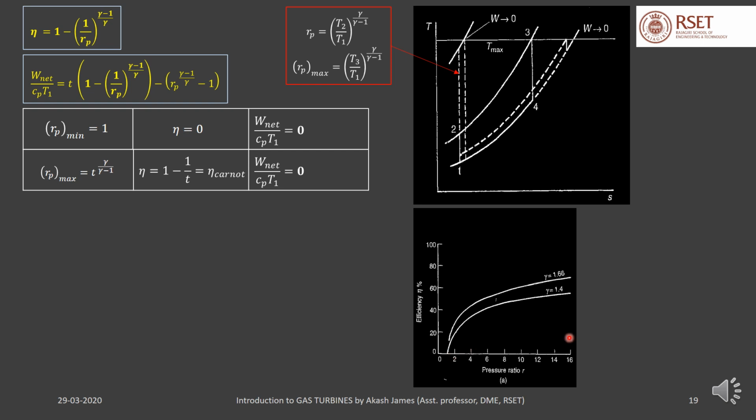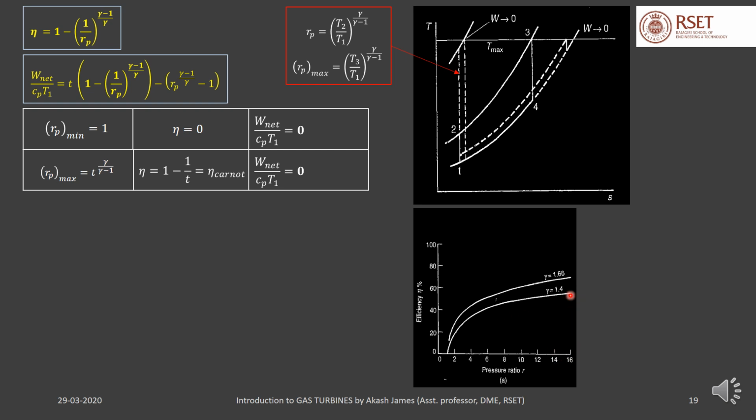And what are the limiting cases? We have just seen there is a minimum pressure ratio and a maximum pressure ratio. The minimum pressure ratio is 1, and when the pressure ratio is 1, no matter what the value of gamma, the efficiency will become 0. And there is a maximum pressure ratio. This will not go on to increase forever.